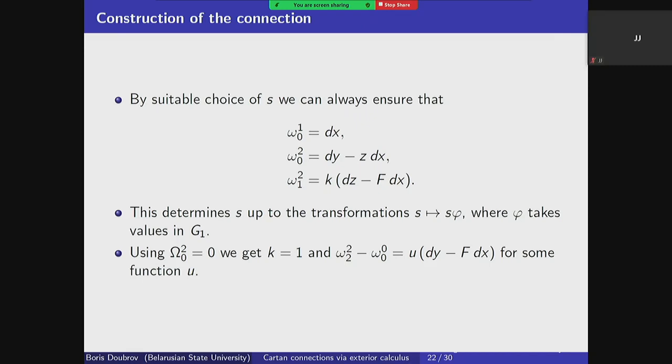Now you compute omega 2, 0, so you look at the top left slot, top right, bottom left slot, this one in your curvature. You'd like it to be 0, and this immediately gives you conditions from k is 1, and you have another condition that some other part of your connection starts to shape up.